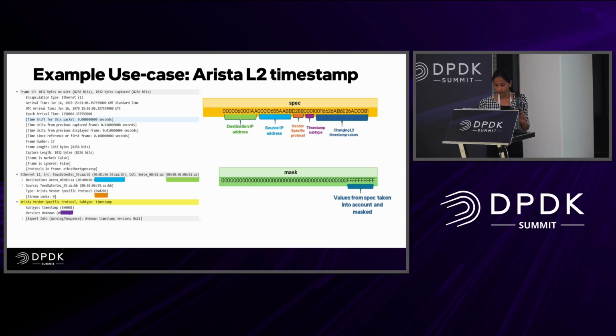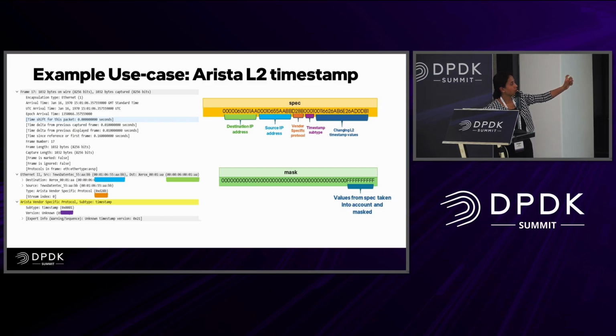If I show how the spec and mask in this case are going to look, we have first the destination address, which we pass as it is, and then the source address, then the vendor specific protocol, and then the timestamp. These are specific to this particular use case. And then we have the changing L2 timestamp value.